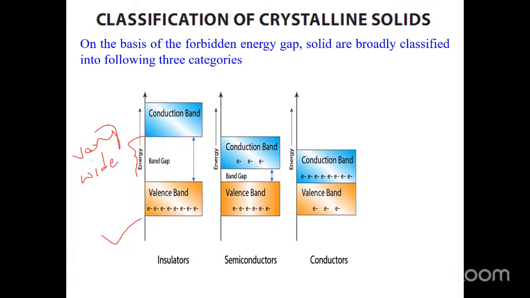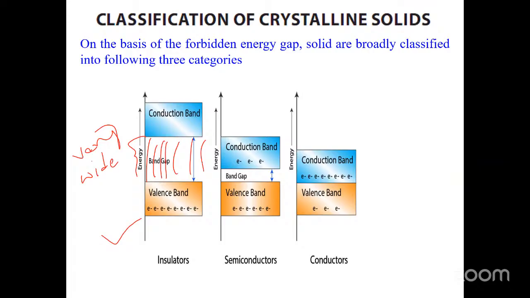Whenever thermal agitation takes place, the covalent bonds between the valence electrons are broken, and the electrons acquire energy to jump from the valence band into the conduction band across the forbidden energy gap.